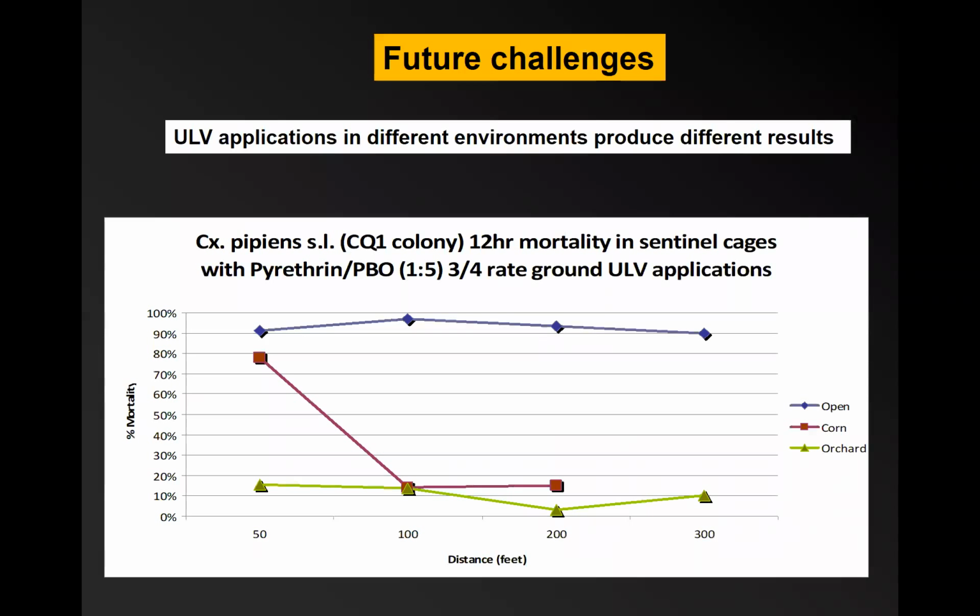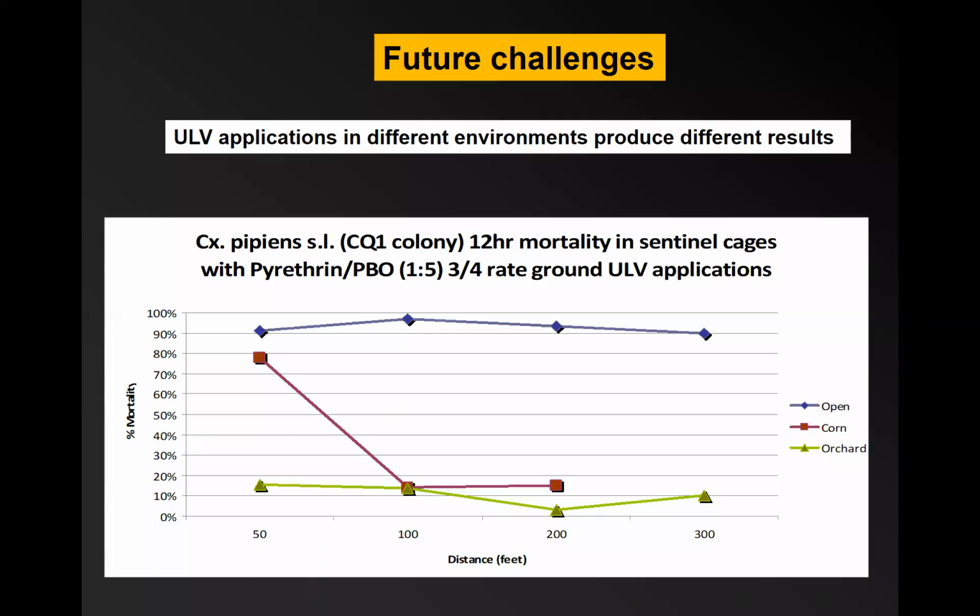But coming back to this, if you apply a chemical in an open trial at these distances, you get high mortality. But if you apply these chemicals in environments where there's interference in the movement of the insecticide, in corn, you see a dramatic drop in mortality in the sentinel cages the further away you go from the spray source.